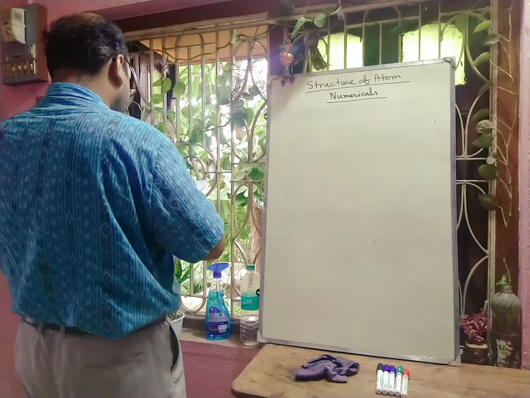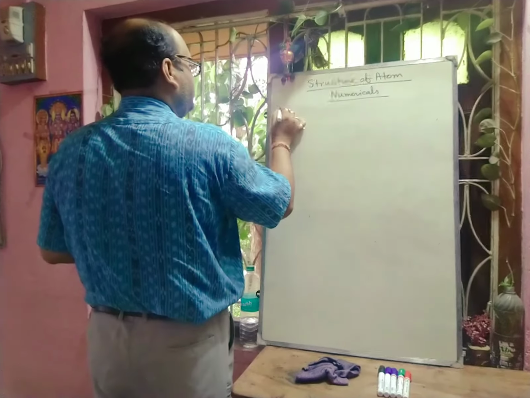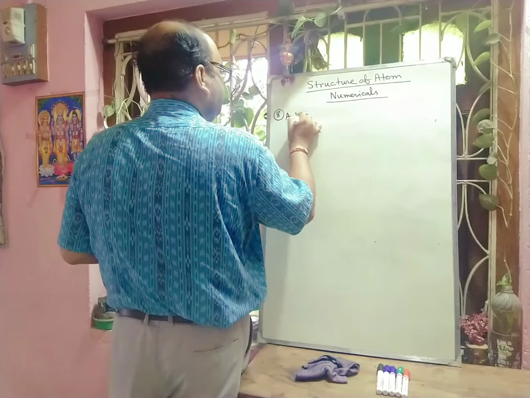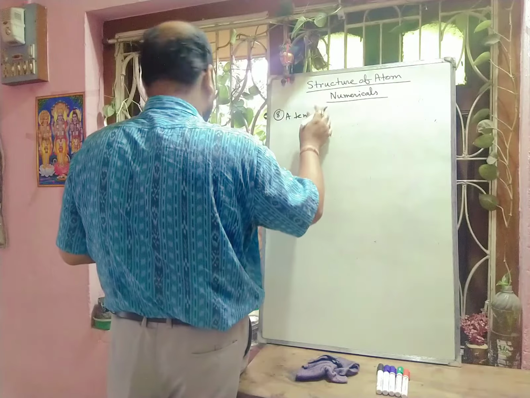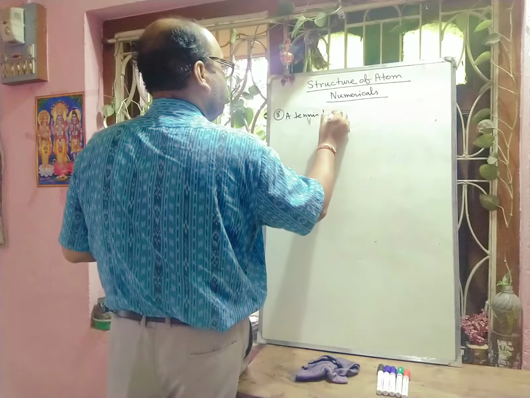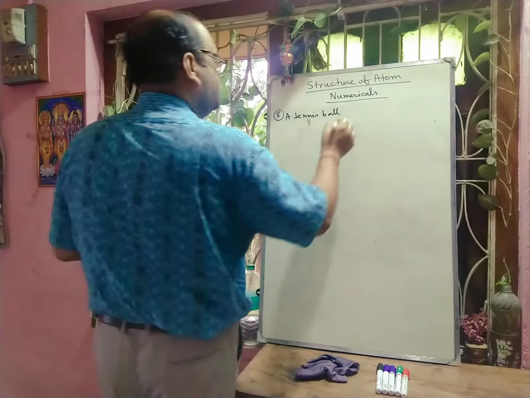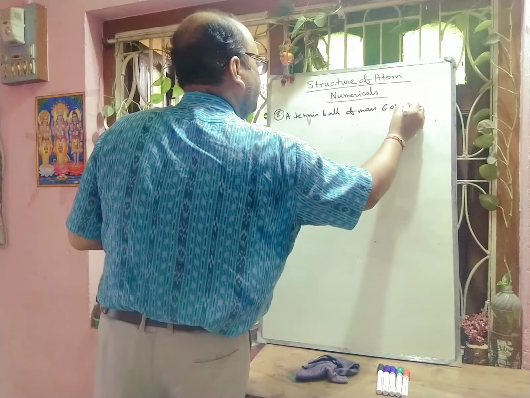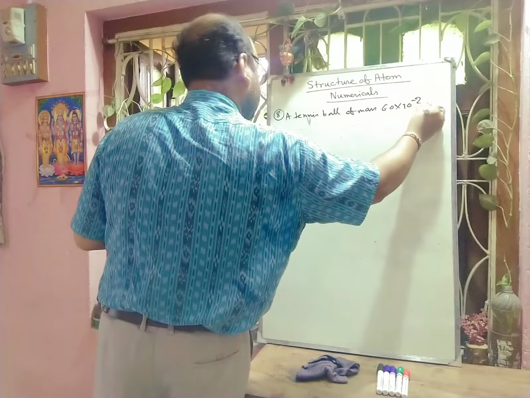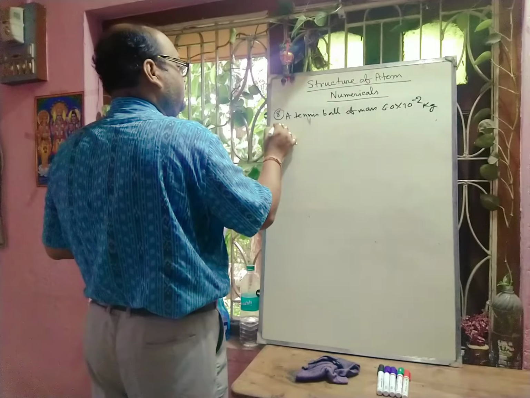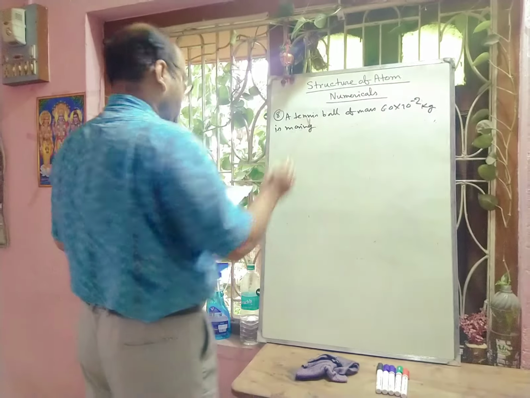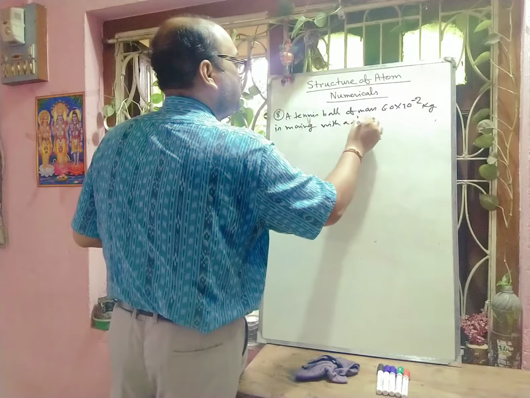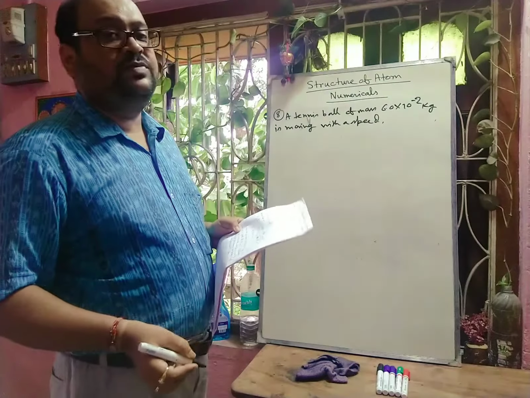Next problem, problem number 8. A tennis ball of mass 6.0 into 10 to the power minus 2 kg is moving with a speed of 62 meter per second.